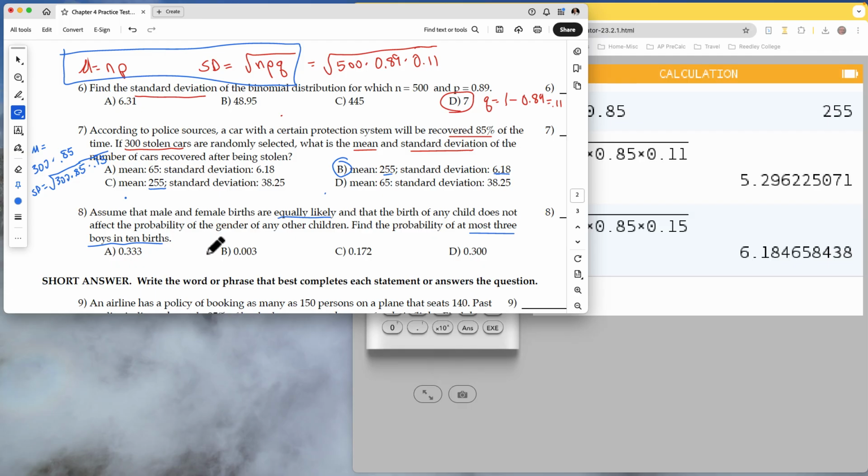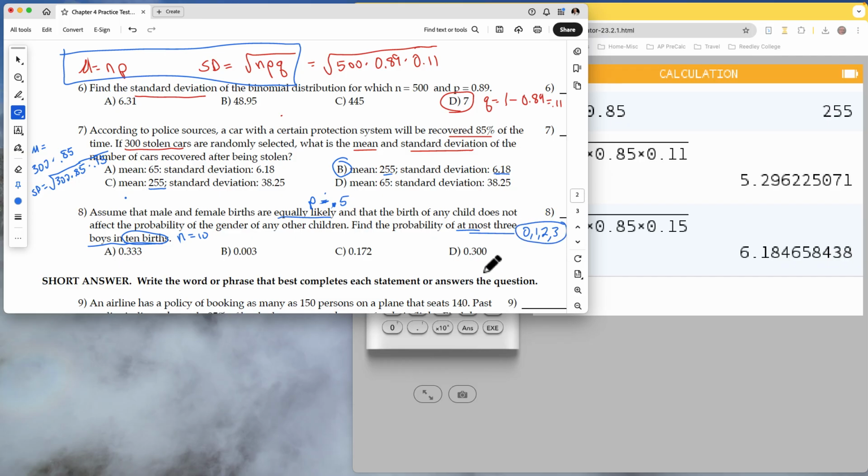We could have easily looked at female births as being the success, but equally likely means 50% chance, which is a 0.5. So our P is 0.5. Since we are looking over 10 births, that's got to be what our N equals. And then we want at most 3, so that includes 3, but nothing more than 3. So that's 0, 1, 2, or 3.